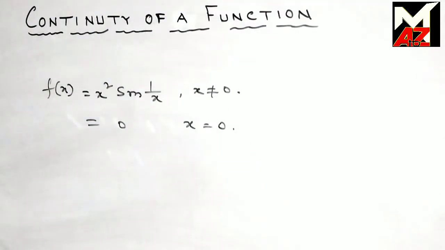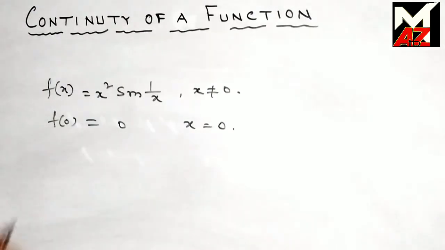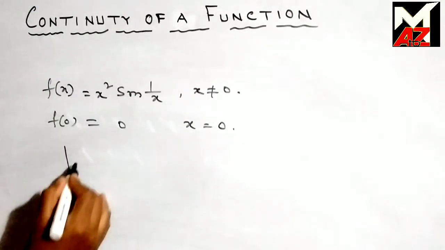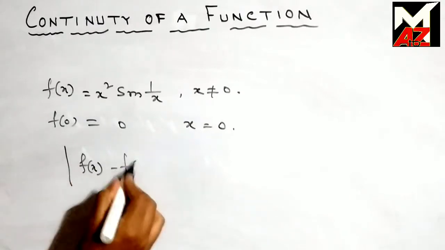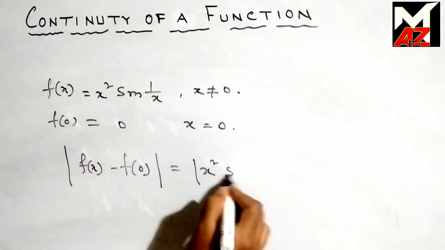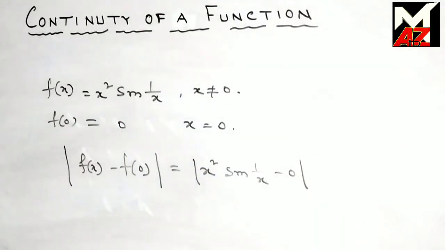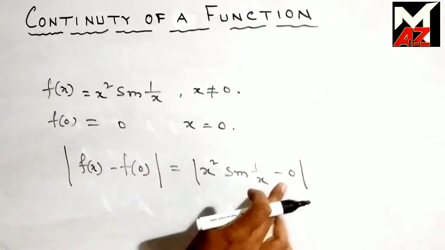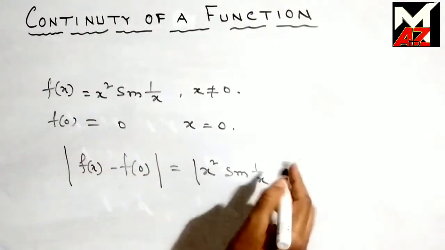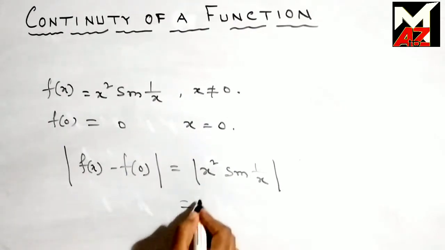So we start with mod f x minus f 0, which is x square sine 1 by x minus 0. This equals mod x square into mod sin 1 by x.